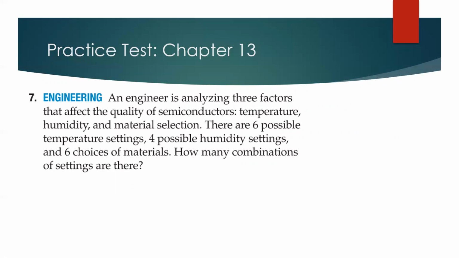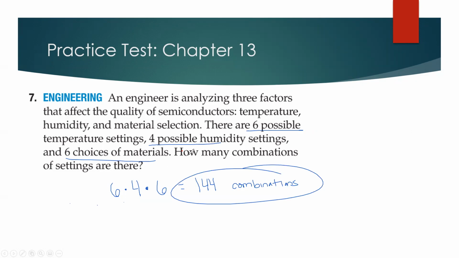Here we would use the fundamental counting principle, multiplying the number of possible settings for each. So we would do 6 times 4 times 6, which is 144. So there are 144 combinations.